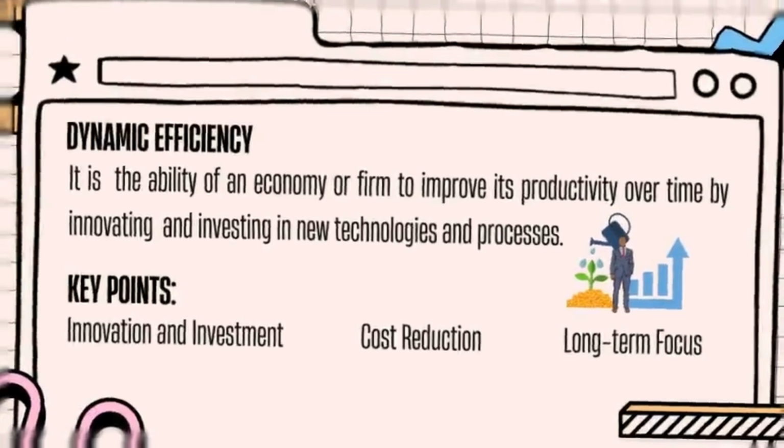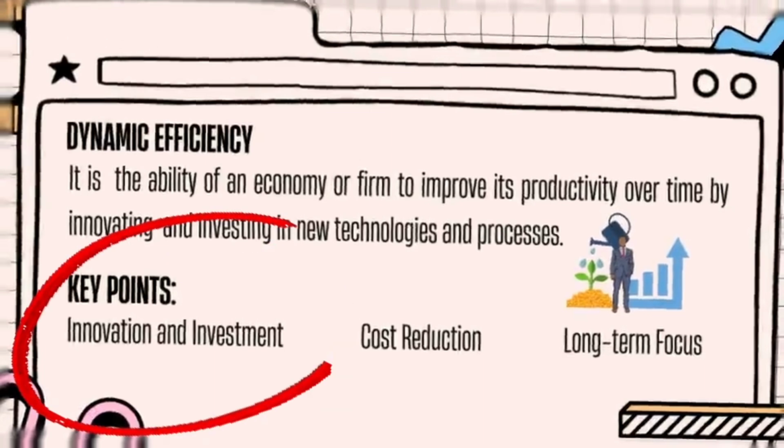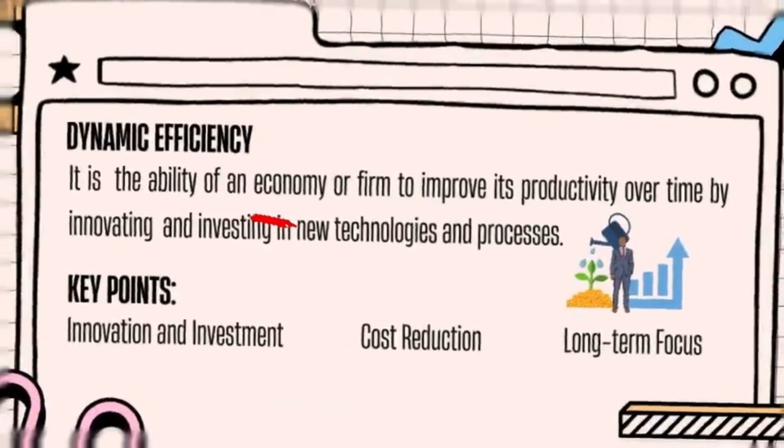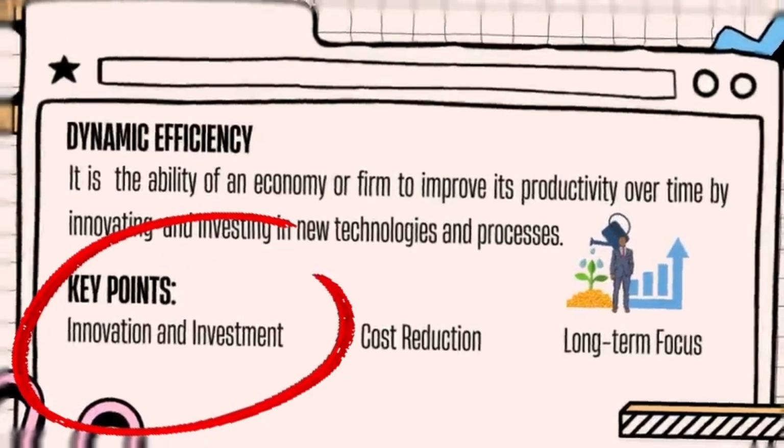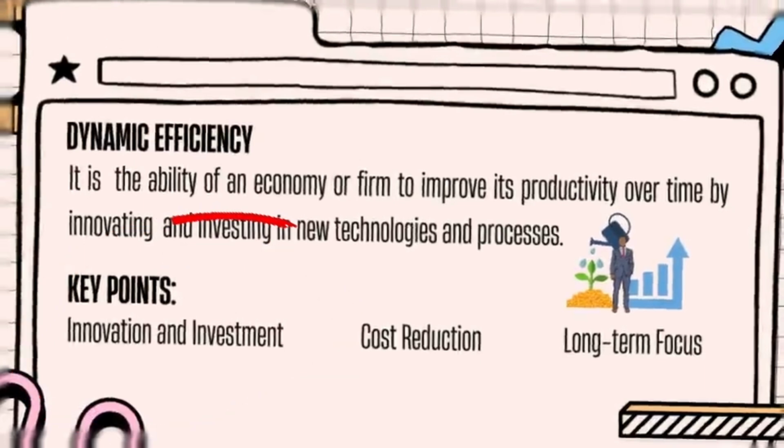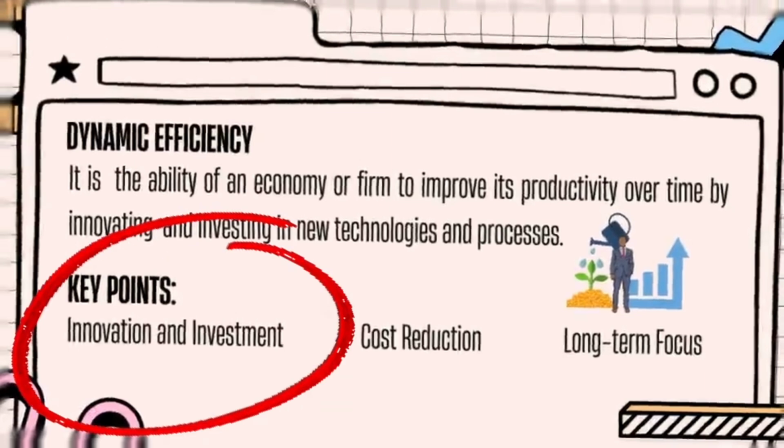First is the innovation and investment, because dynamic efficiency has the involvement of continuous improvement. You need to improve continually, and how are you going to improve continually? Through R&D, or research and development, and of course the investment in new technologies.